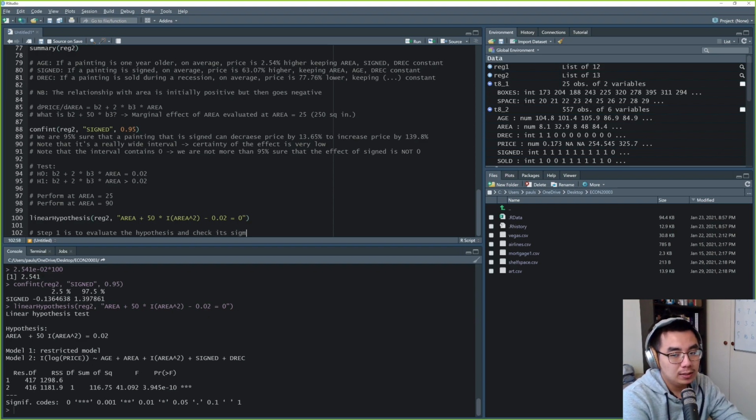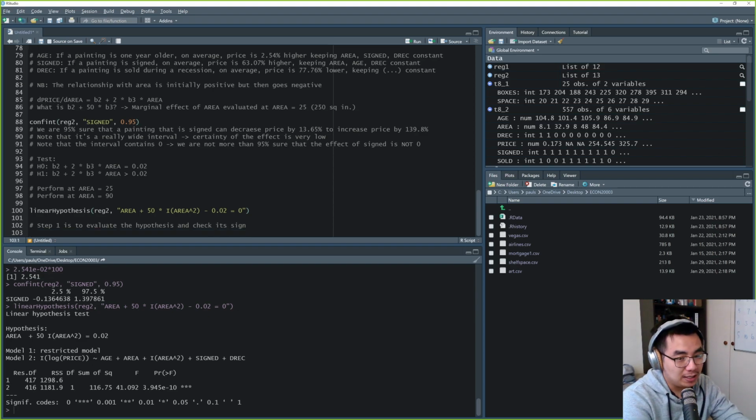Okay? You only reject if the sign is correct, so the same as the alternative. So what that means is that if the sign is incorrect, then you cannot reject the null, regardless of what the p-value is, because it's on the wrong side of the distribution. Okay?